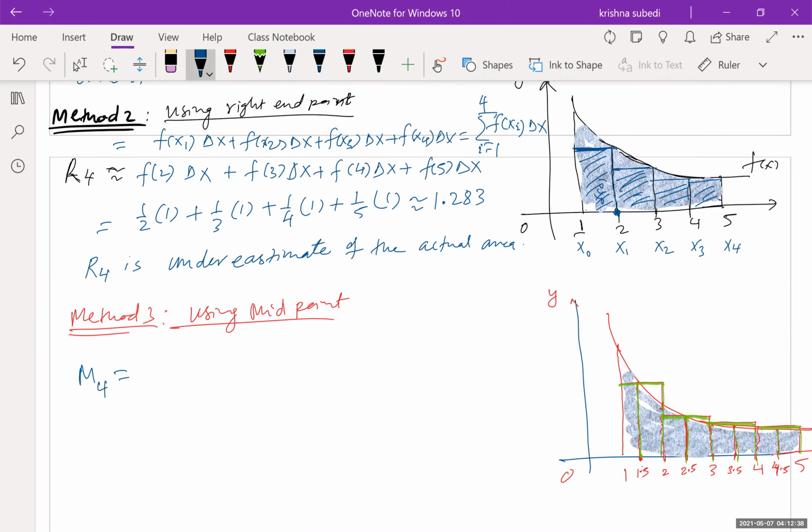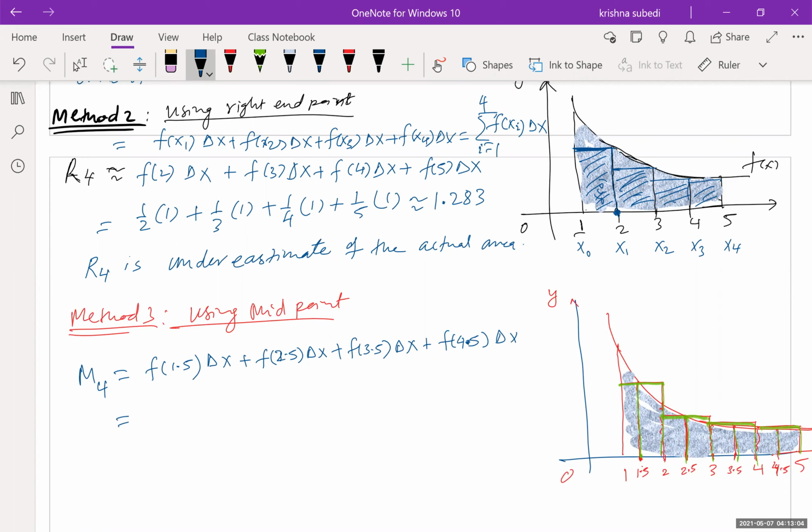M4, using the midpoint with 4 rectangles. So the area will be f of 1.5 times delta x plus f of 2.5 delta x plus f of 3.5 delta x plus f of 4.5 delta x, right? Now let us calculate.